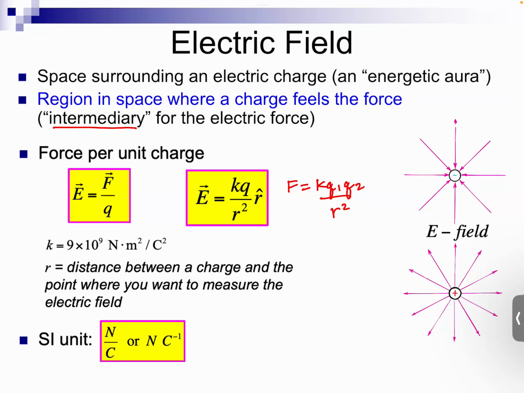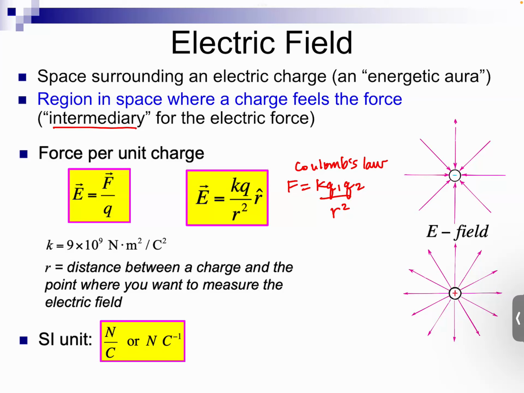So that you see the difference here. This is force, Coulomb's law. So for you to have force, you need two charges because one charge will exert a force on another charge. Whereas for an electric field, you only need a single charge in order to have an electric field.